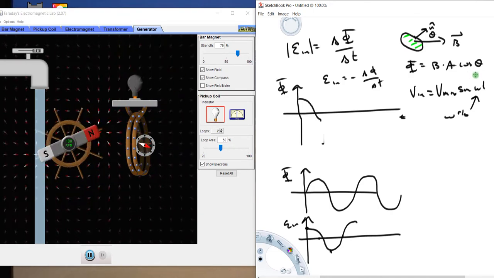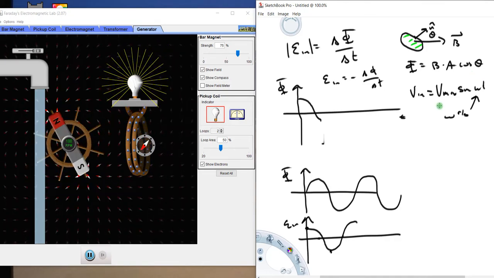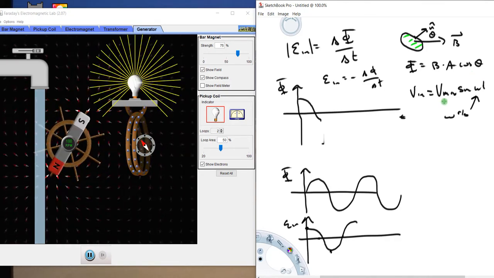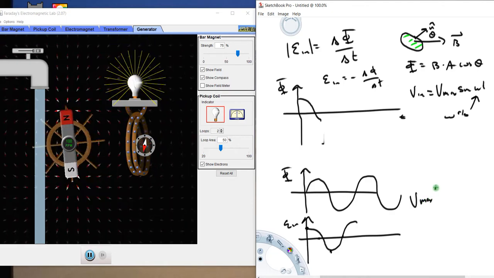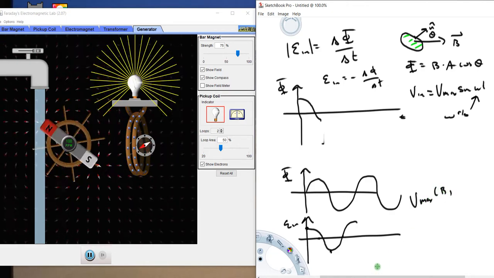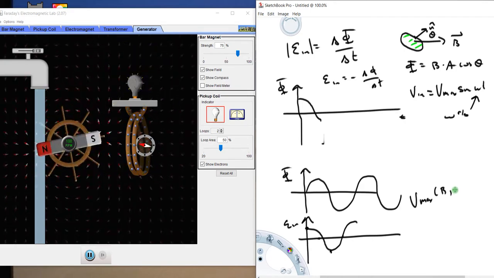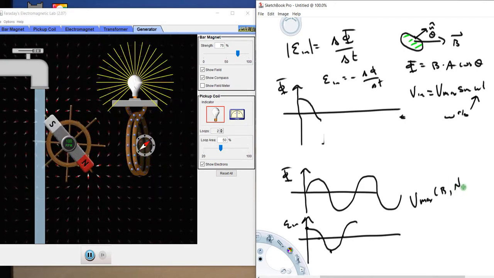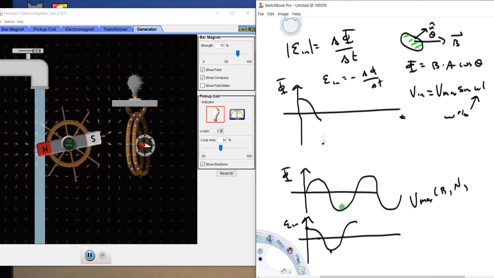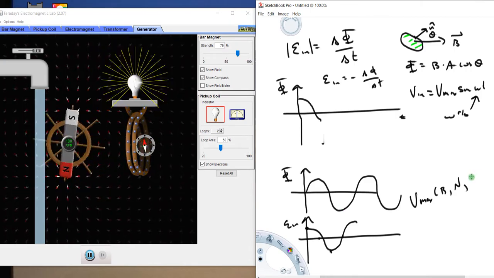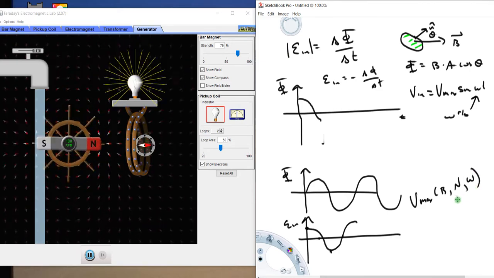So the maximum voltage is a function of your field strength, a function of the number of turns in the loop, and a function of the angular velocity, how fast the loops are rotating.